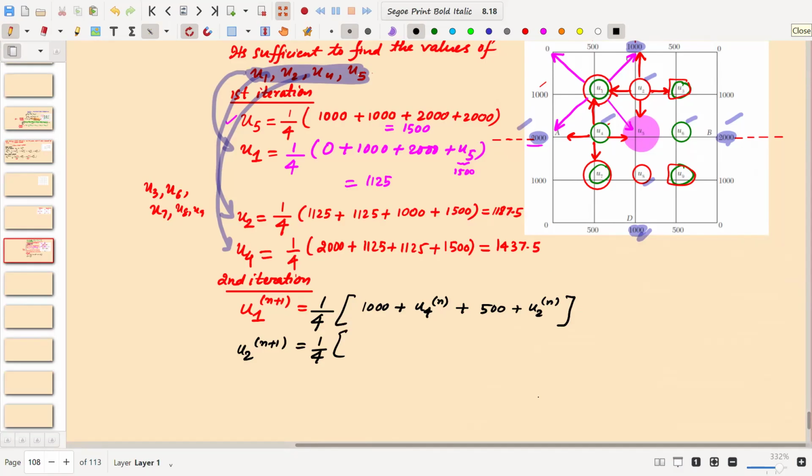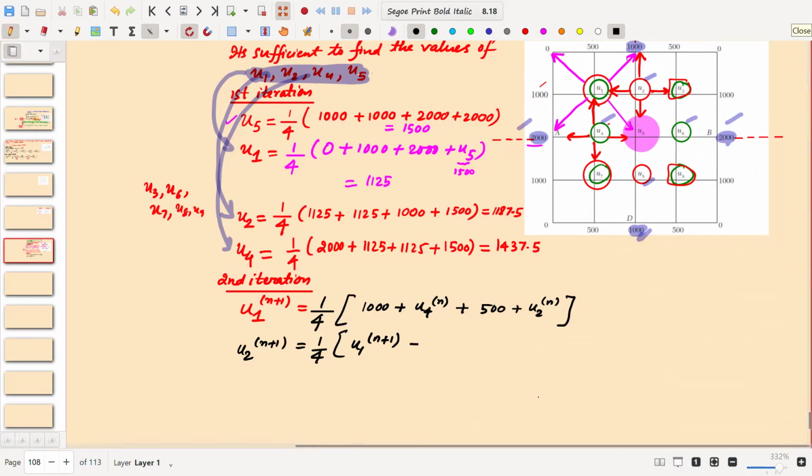U2 n plus 1 is equal to 1 by 4 of what? We can apply U1 of n plus 1 if we apply Gauss-Seidel, because U1 of n plus 1 is available to us. Why don't we use the latest one? Gauss-Seidel is more accurate than Jacobi. So U1 n plus 1, then can anyone tell the other one?